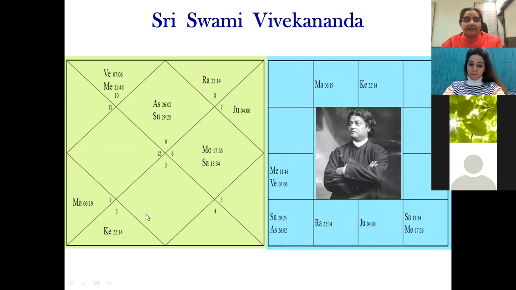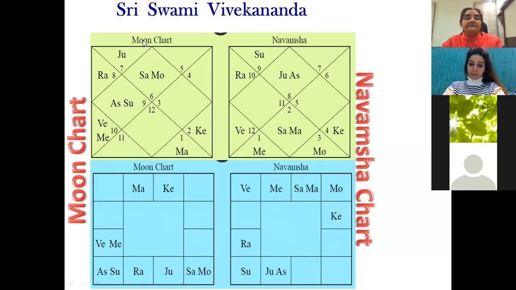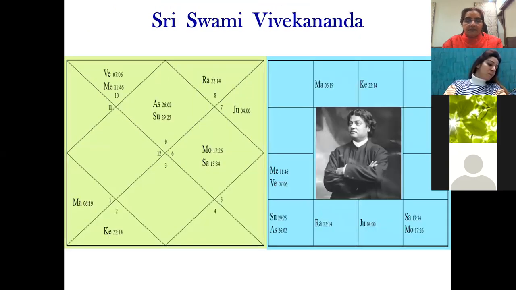Okay. And this is his moon chart. At many places, B V Raman has discussed his moon chart. How do you make moon chart? Where the moon is posited in the birth chart. Where is the moon placed? Okay, moon is in Virgo.